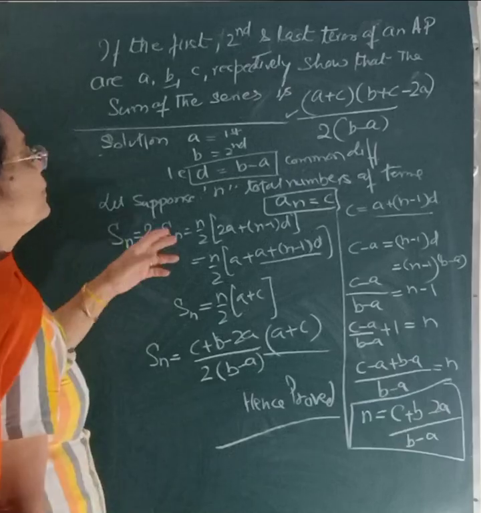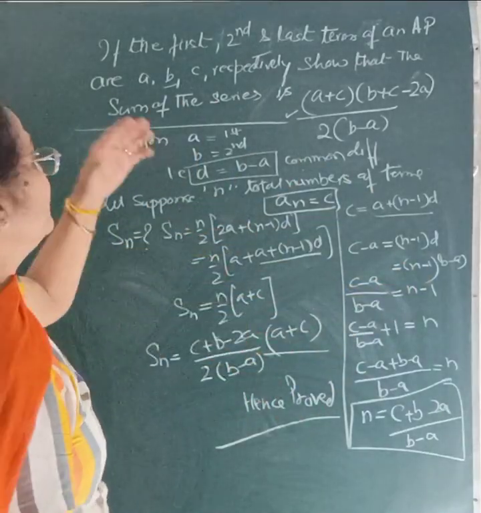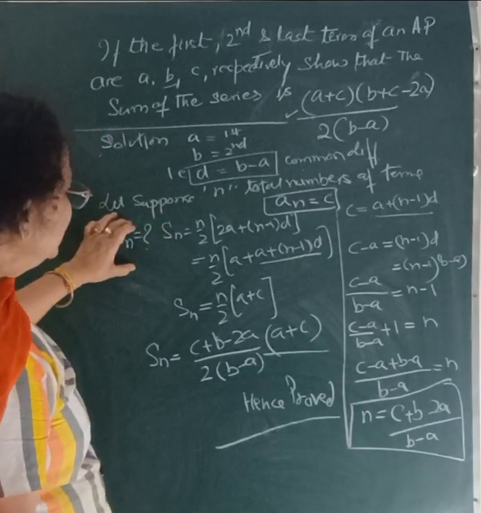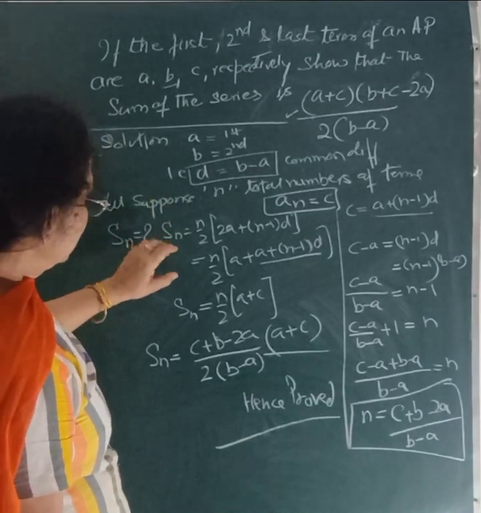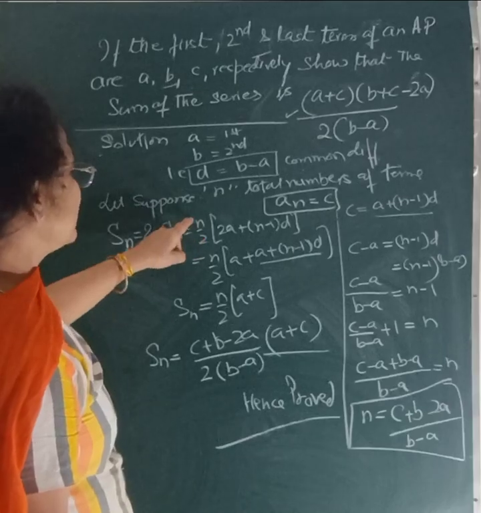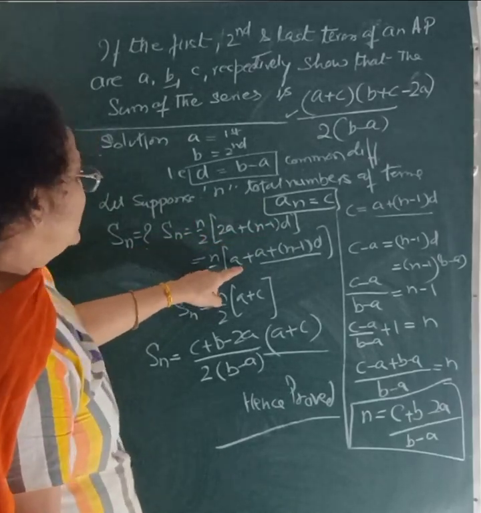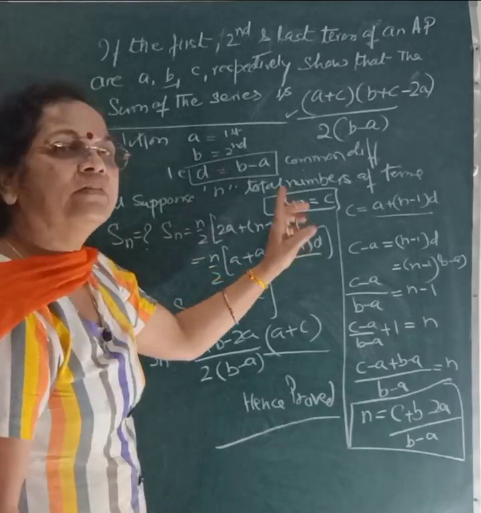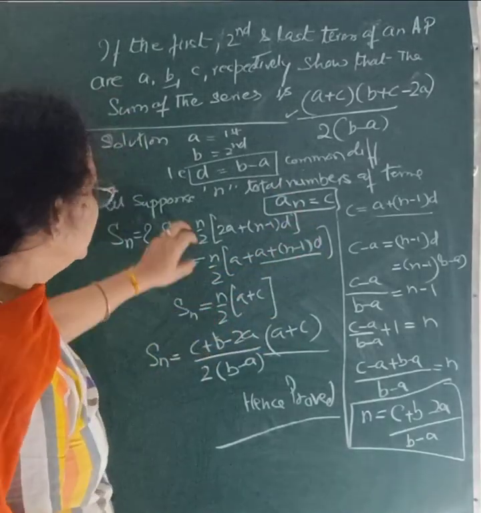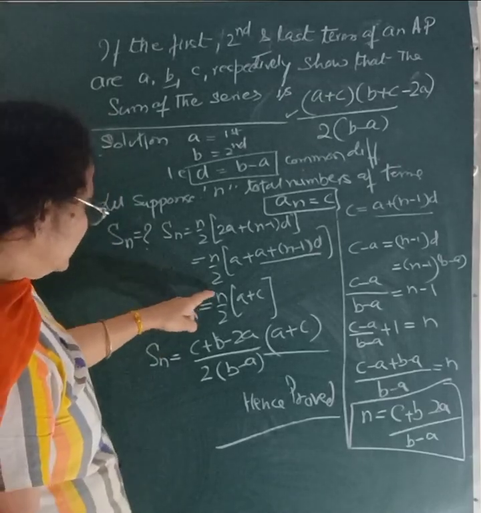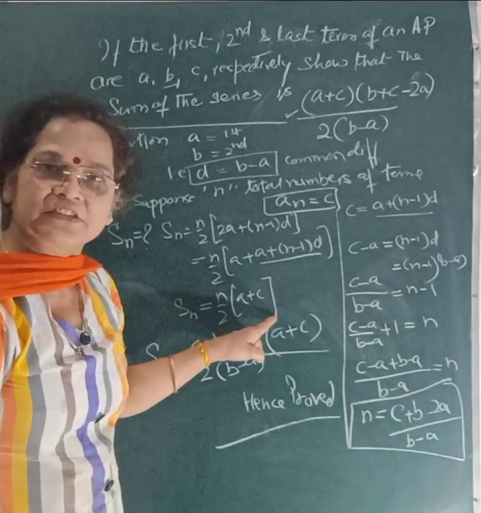Now the sum up to the last term is to be found. यानी अगर हमने टोटल नंबर ऑफ टर्म्स n मानी है तो sum will be equal to S_n. S_n can be written as, the formula of S_n is n by 2 into 2a plus (n minus 1) into d. n by 2 को a अगर कॉमन ले लें तो यहाँ पे a plus (n minus 1) into d is equal to c. इसके अलावा ये भी है, S_n, sum up to the nth term, can be written as n by 2 into first term plus last term.